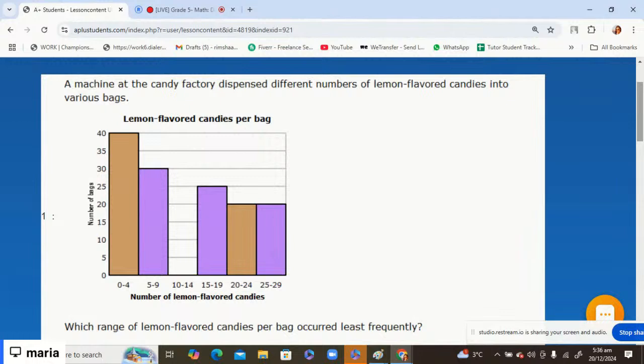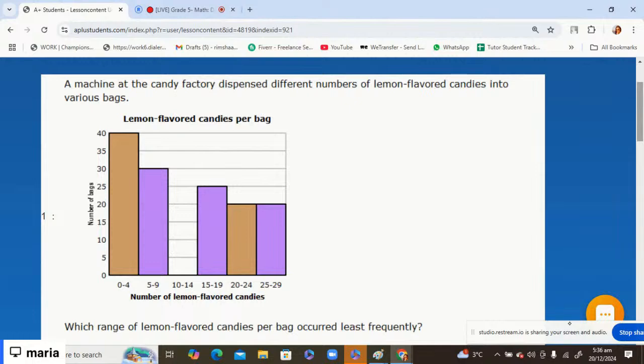In the first one, 0 to 4 is 40. 5 to 9 is 30. 10 to 14 is 0, nothing. 15 to 19 is 25. 20 to 24 and 25 to 29 are 20.